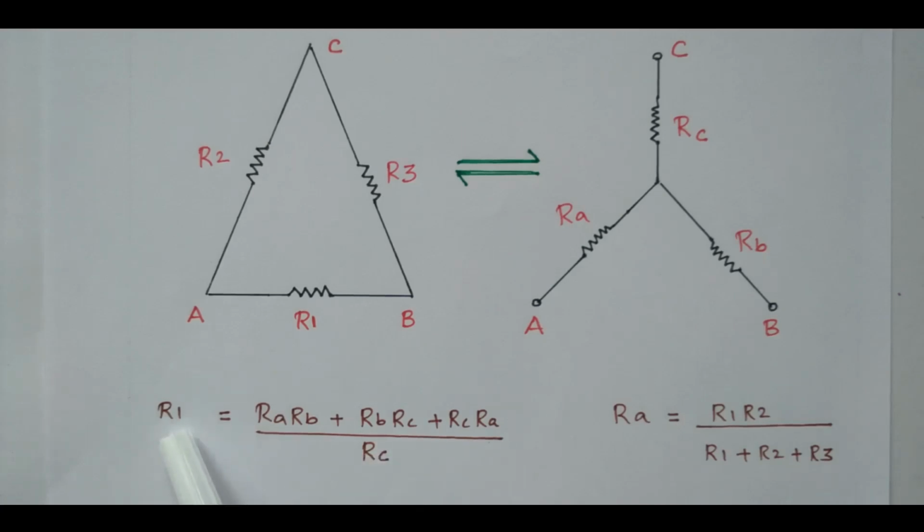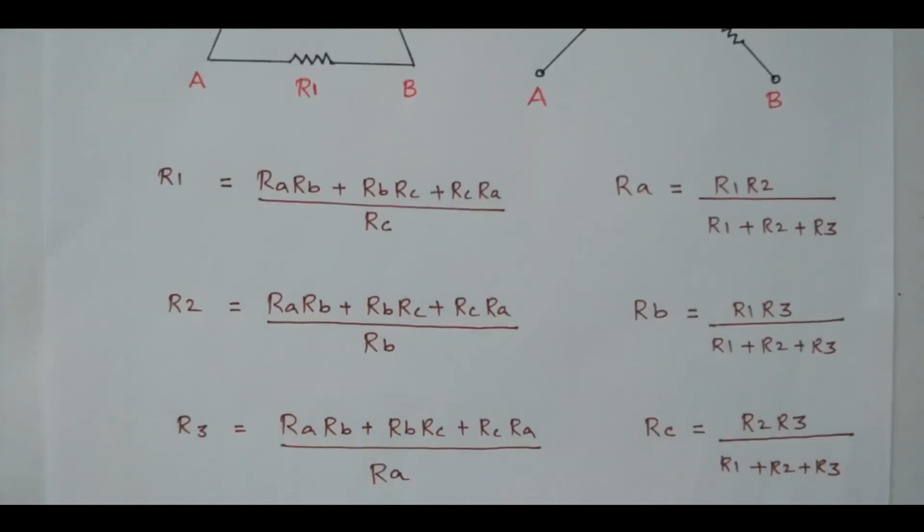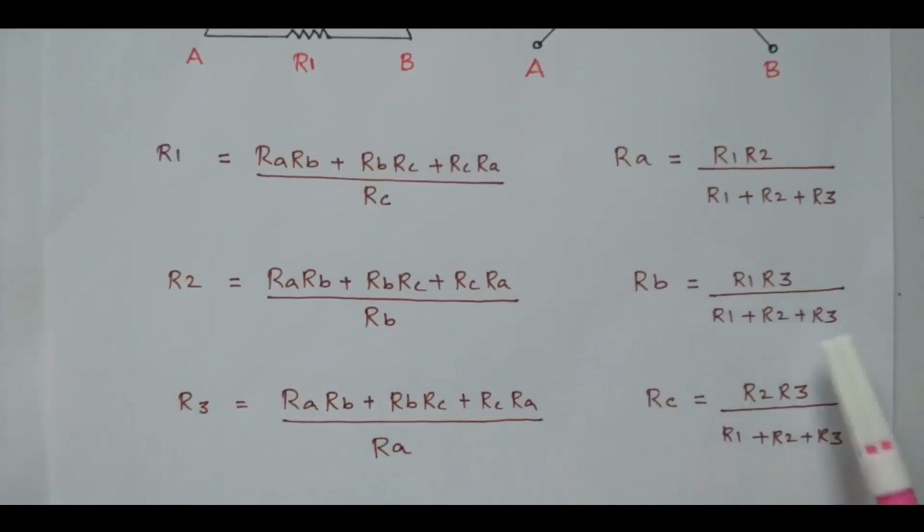So R1 means RC. How can we easily remember this? R1 is connected between A and B. In between A and B we have RA and RB. The rest of the resistor is RC, so you have to divide by the rest of the resistor. By that you can easily remember. So we have completed both types of transformation, star to delta and delta to star.